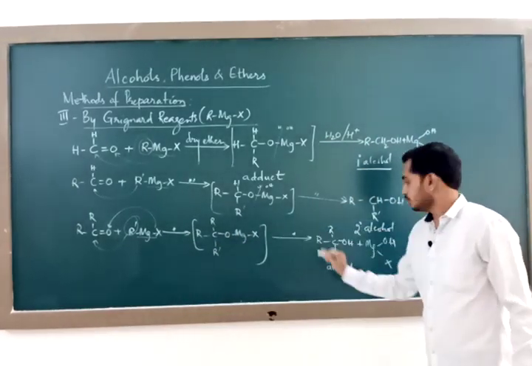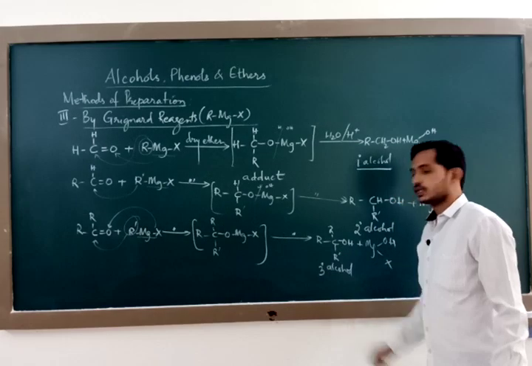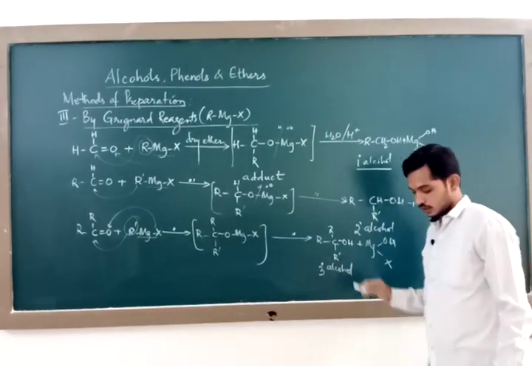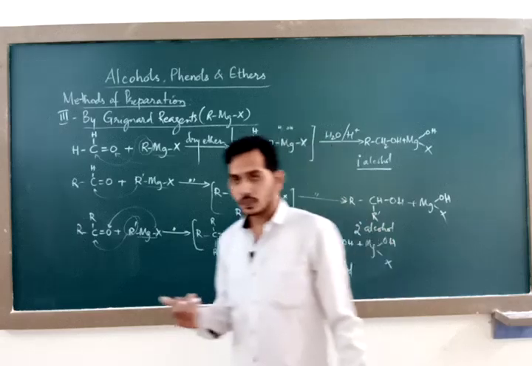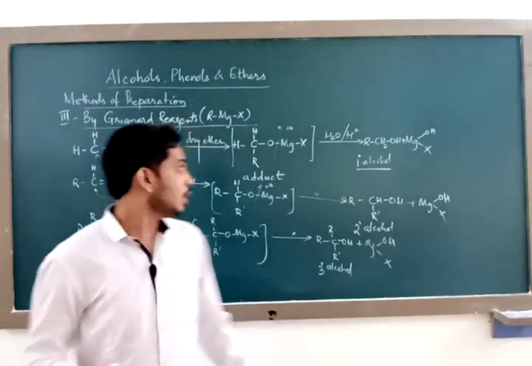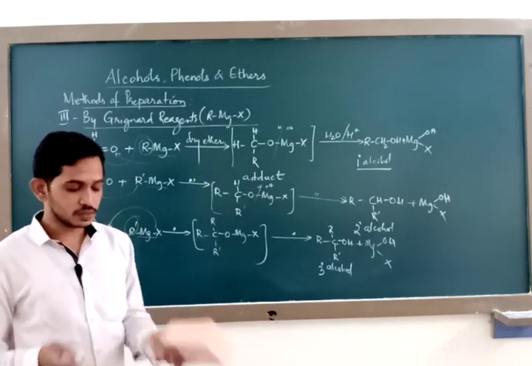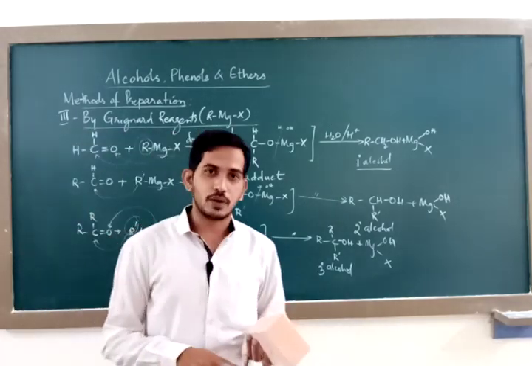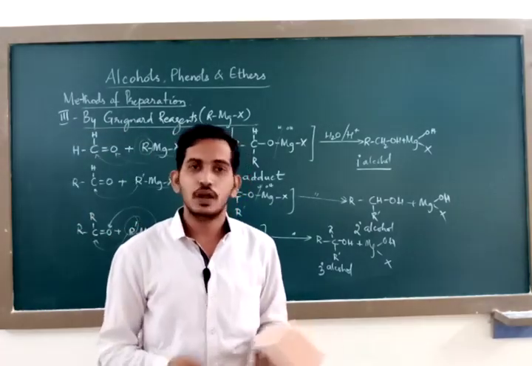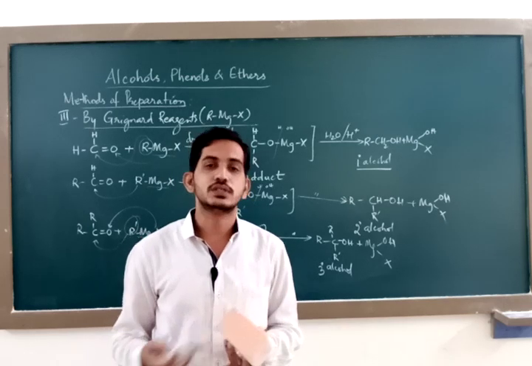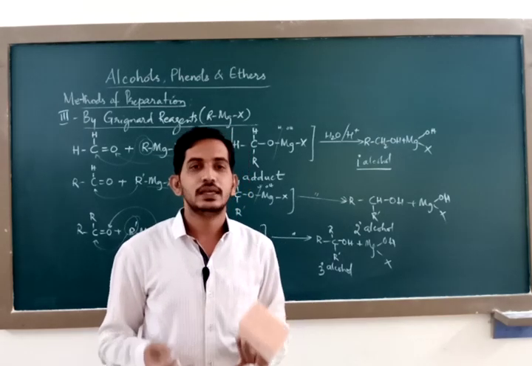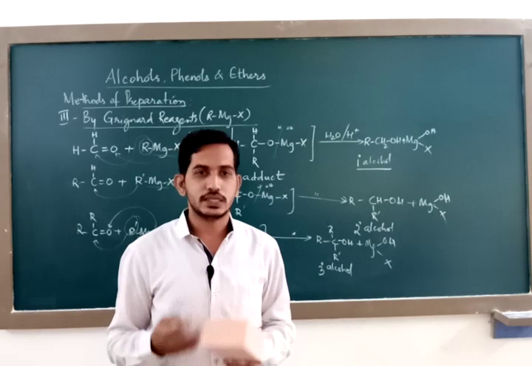All ketones give you tertiary alcohols. So how does a Grignard reagent react with aldehydes and ketones? With formaldehyde, you will get a primary alcohol. All other aldehydes will give you secondary alcohols and ketones will give you tertiary alcohols.